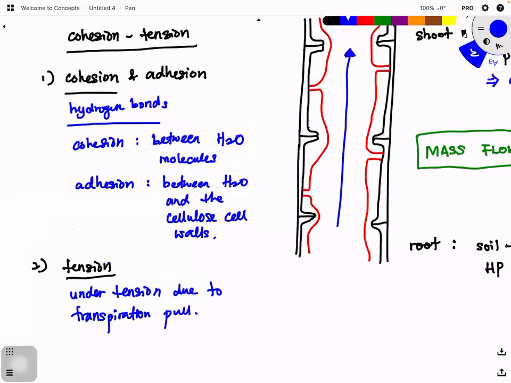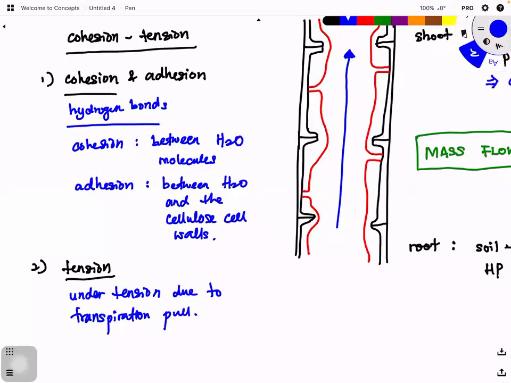This is due to the tension created during the transpiration pull, and the cohesion and adhesion because of the hydrogen bonds formed between water molecules, which is cohesion, and between water molecules and the cellulose cell wall, which is adhesion. Okay, that's all for today.